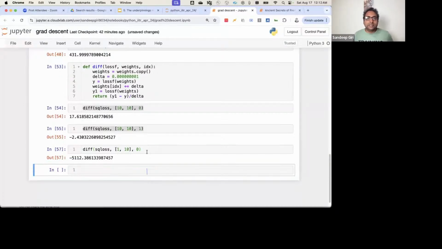You can see this is negative. What does it mean? The error will drop if you increase the slope. If you increase this, the error is going to drop. That's what this negative value means. So we are good so far.